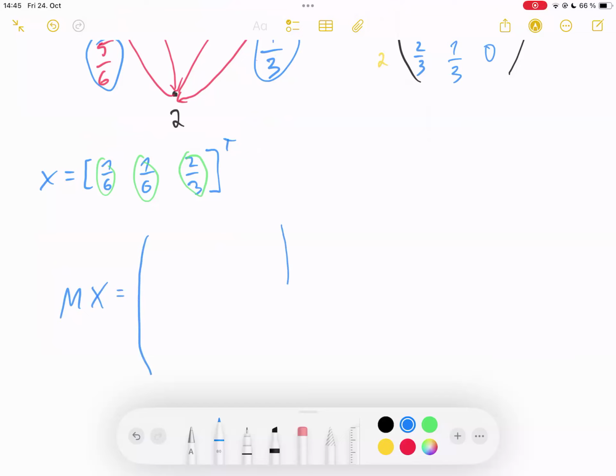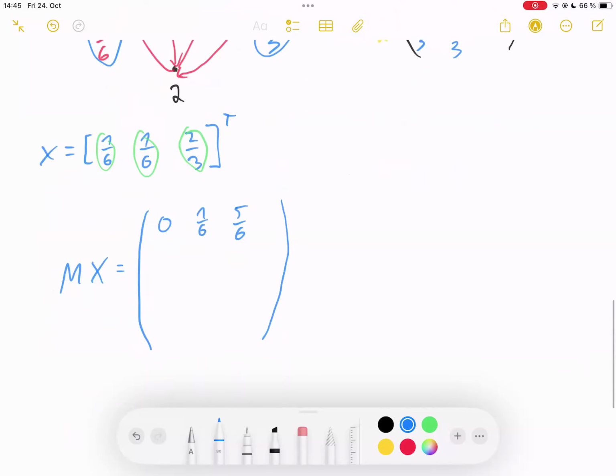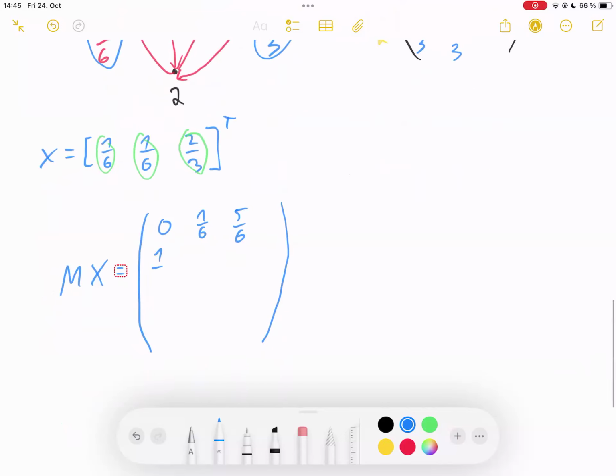I'm just copying the matrix from before, which was 0, 1/6, and 5/6 as before. Then 1/3, a half, and a 1/6, 2/3, 1/3, and 0.